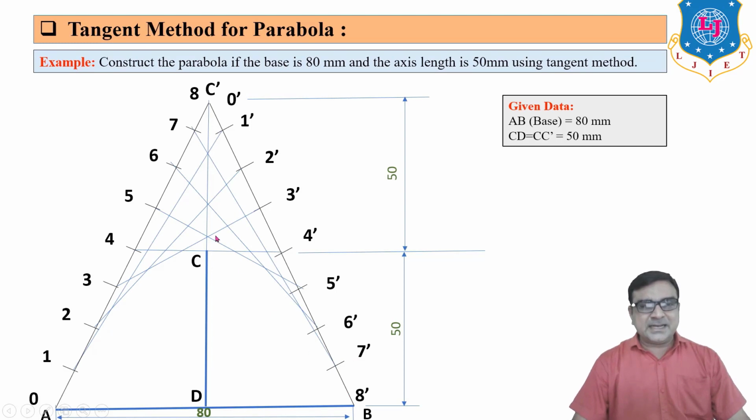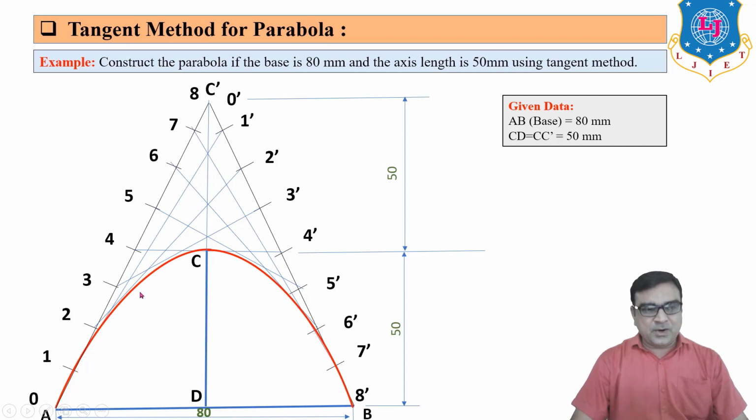Now actually these lines are tangents of our parabola. So we just have to trace out the parabola which passes through the points on these lines at which each line becomes its tangent. So just trace out a parabola by selecting suitable points on the lines.